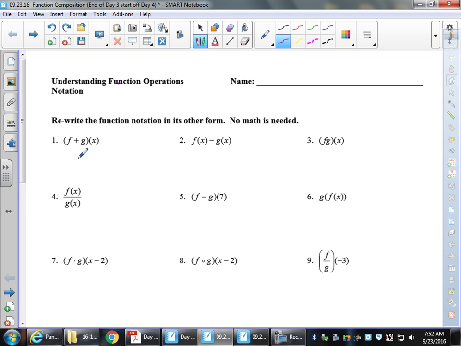So for example, let me do one with you so you understand the point of it. I'll do number 1 and I'll do number 4. How would I write this in its other form? Number 4, I'm kind of starting with this and I have to go back.